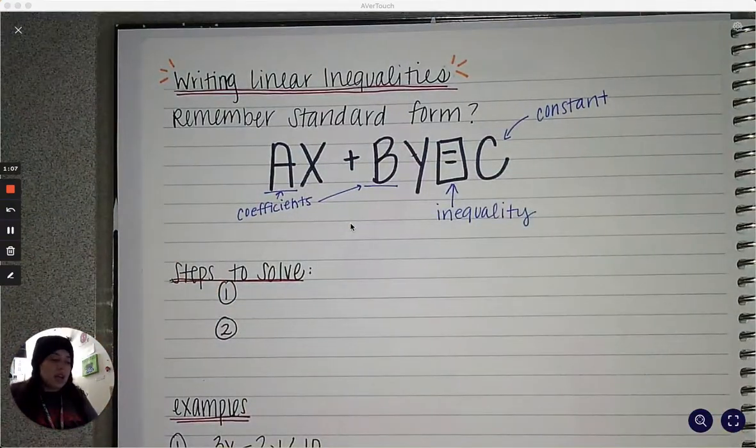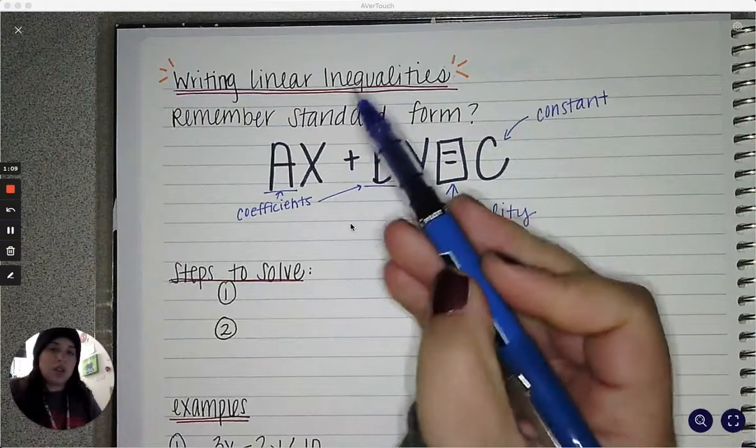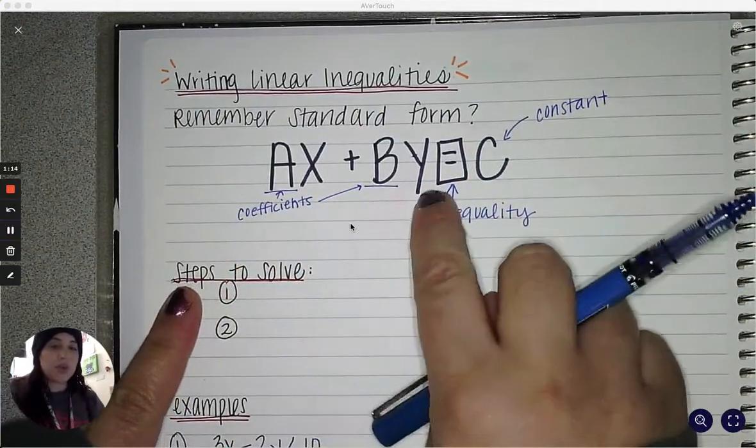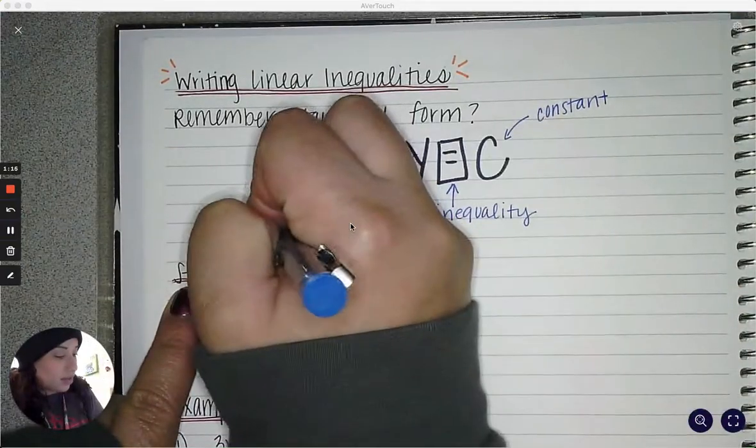Okay, so how do we solve a linear inequality that looks like it's in standard form? We want to get y by itself.